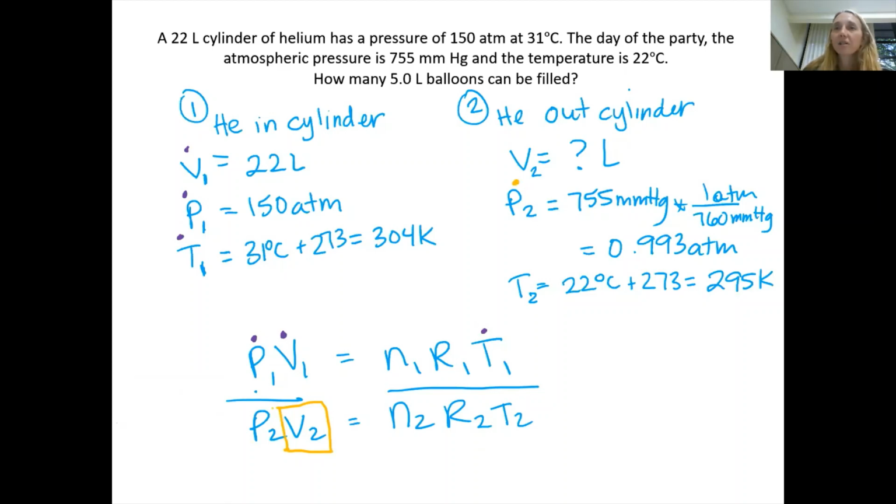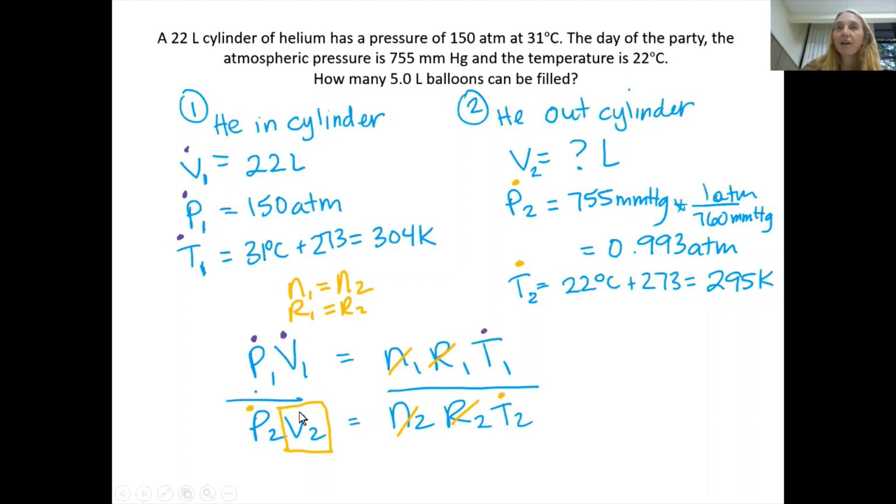I have pressure, and I have temperature. Looking at this equation, the amount of helium is going to be the same whether it's in the cylinder or out of the cylinder. So N1 equals N2, and I can cancel those out of my equation. R is a constant, so that R is the same in situation 1 and situation 2, and those get canceled out too. So I'm left with a simplified equation where I want to solve for V2.